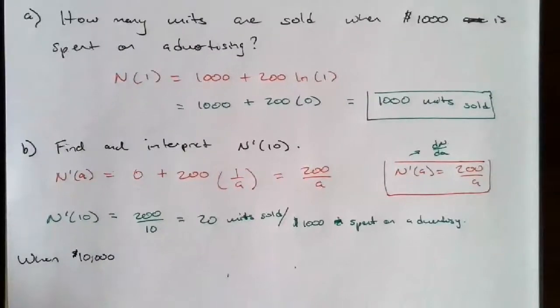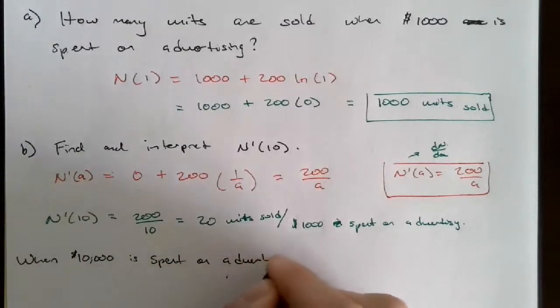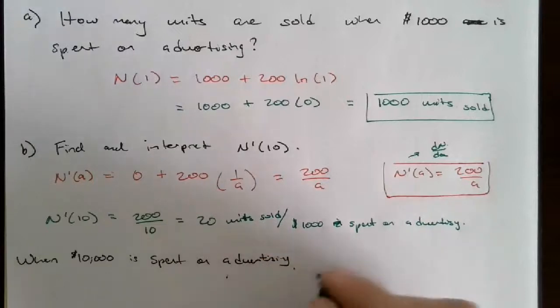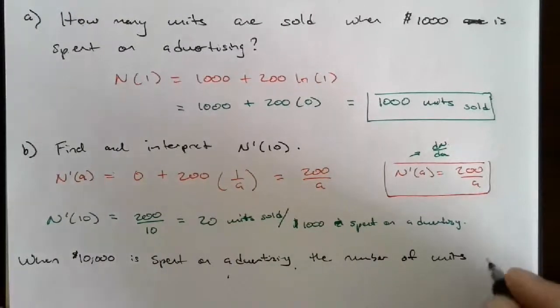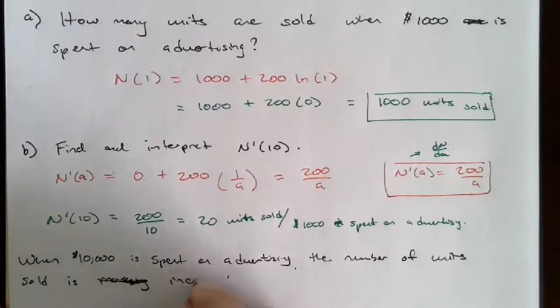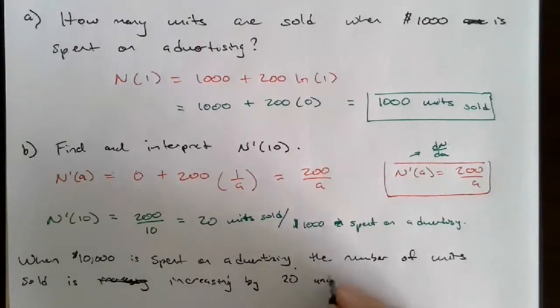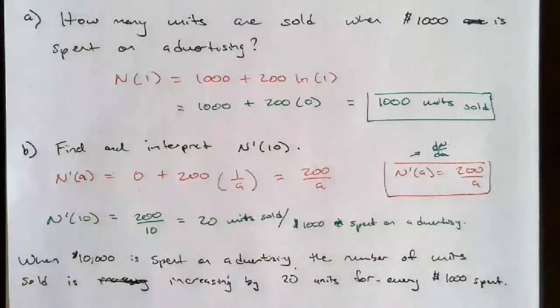When $10,000 is spent on advertising, the number of units sold is increasing by 20 units for every $1,000 spent.